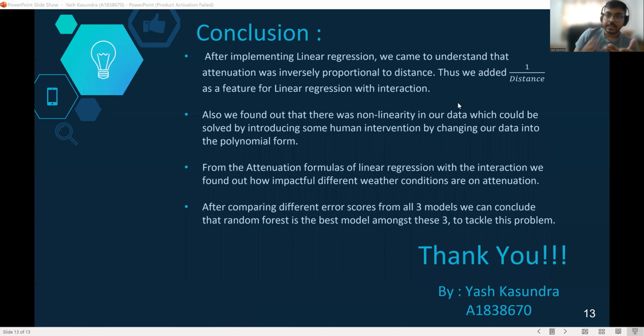As I discussed, I found non-linearity in our data and changed it to polynomial form by introducing some interactions. I also found that there was an inverse relationship between distance and attenuation. Thus, I added a 1/distance column, or feature, for implementing the next models after linear regression.